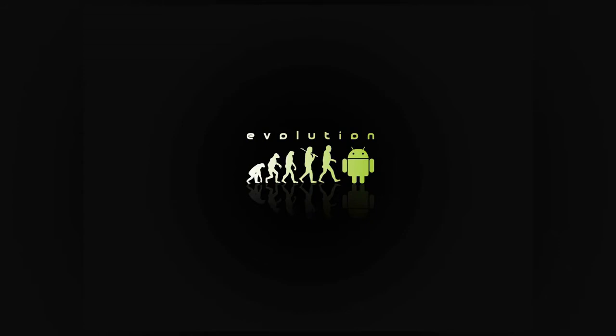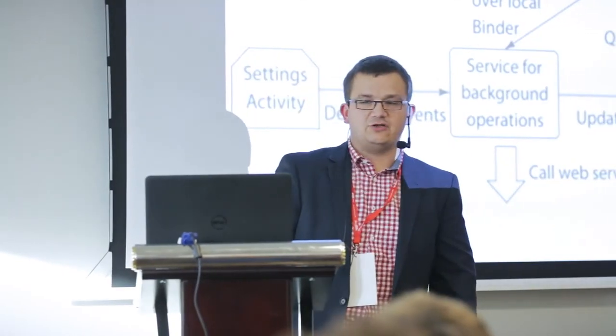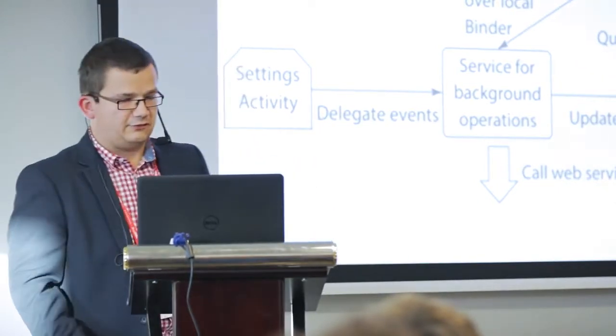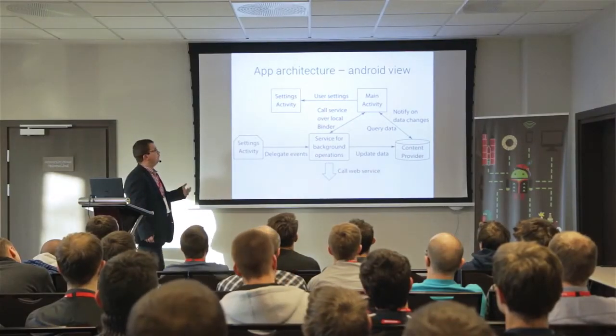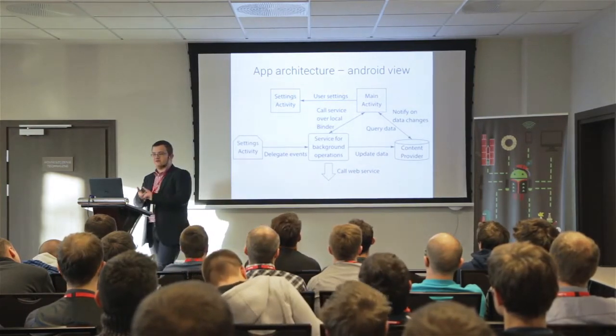In the case of the Android world, this picture shows us how the app architecture looks from the Android perspective. So we have whole stuff related to Android. We have activities here. We have fragments.